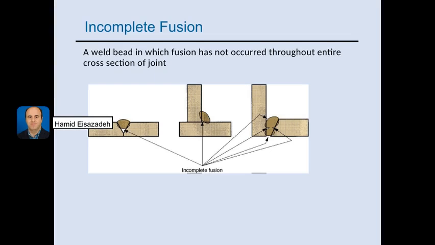The next defect is called incomplete fusion, where the fusion did not occur through the entire cross-section of the joint. All of them, as you see, are incomplete fusions.